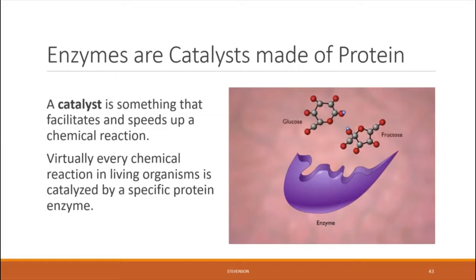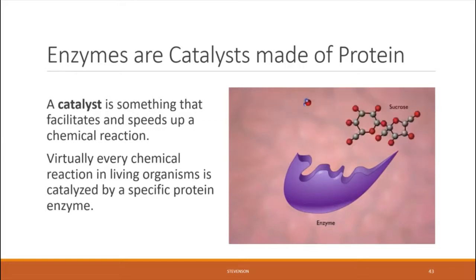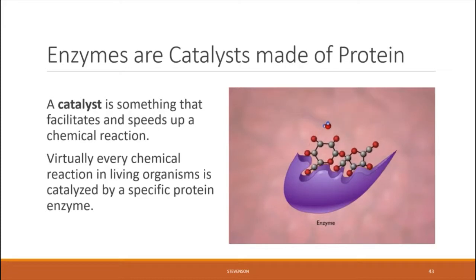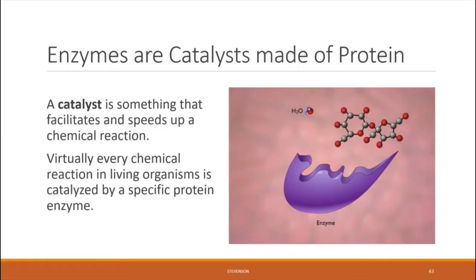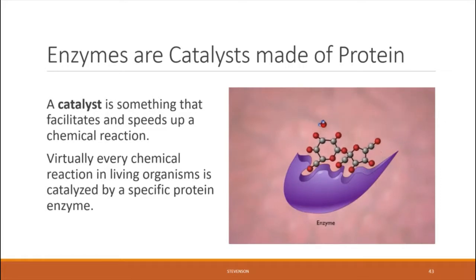Here in this animation, what we see is an enzyme taking a molecule of sucrose, a type of sugar, and performing a hydrolysis reaction on it in order to split it in half into two molecules of smaller sugars. So this is a reaction that happens inside of our bodies all the time when we are digesting, for example.